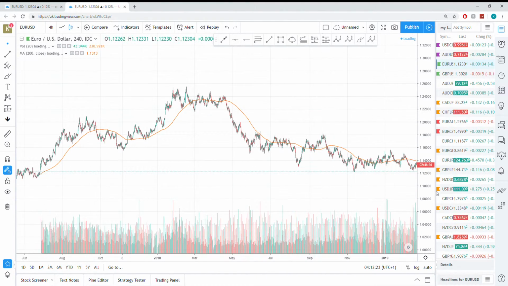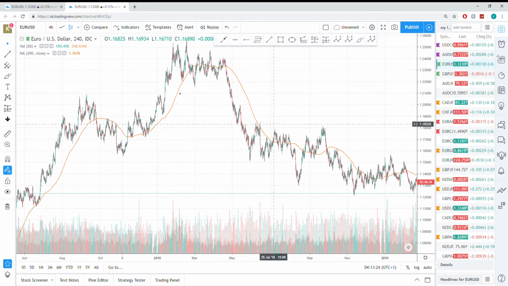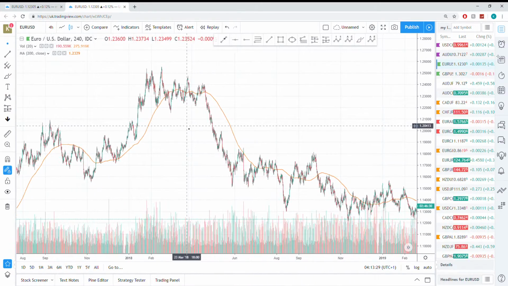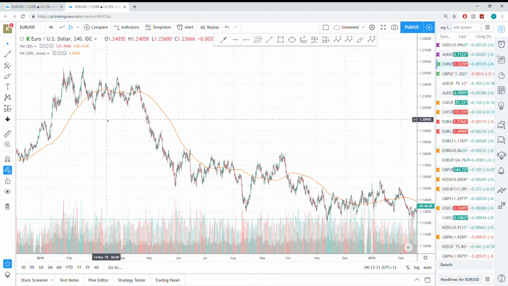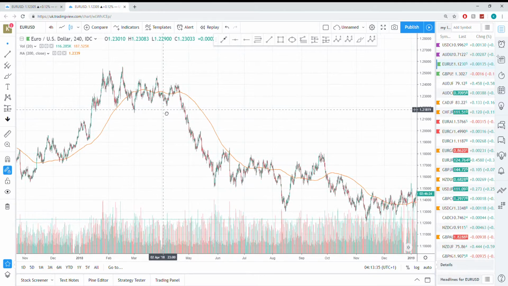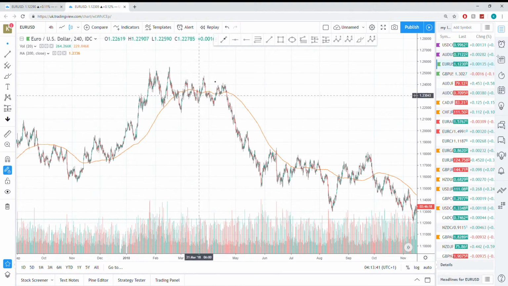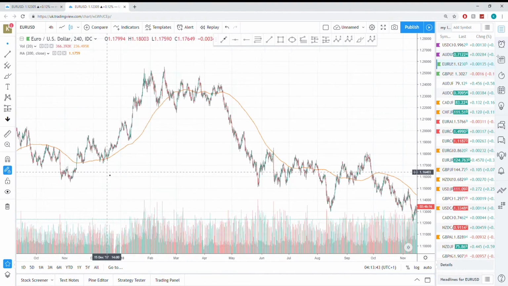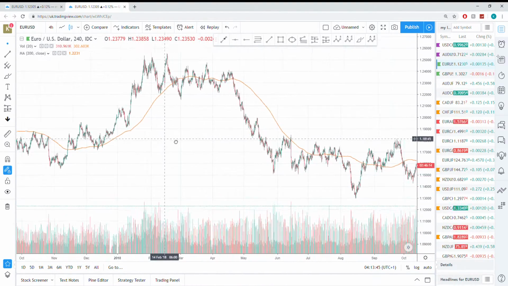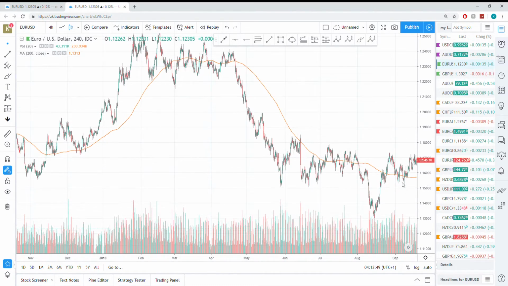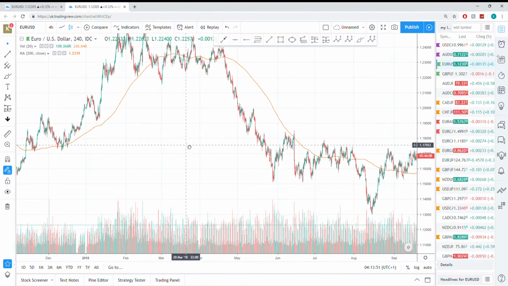We could say that the strategy is if we see price consolidating, so if price is not moving up or down, basically traveling sideways, right? And then we could say a trigger is a bullish engulfing candle.